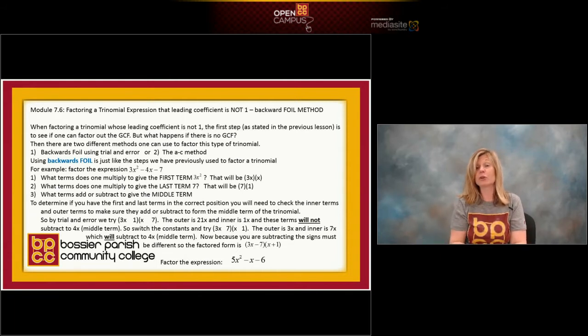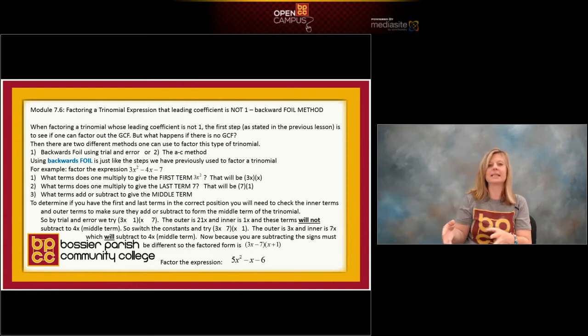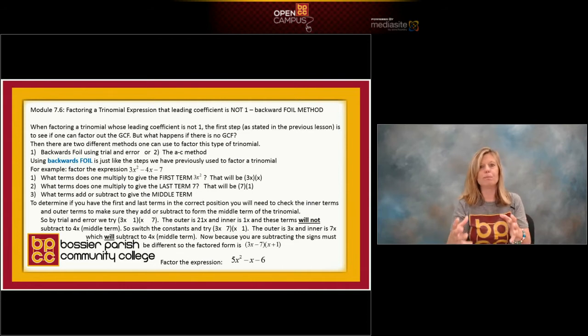If we cannot use the GCF rule to get that leading coefficient out, then we have 2 options on how to factor. There is something called backwards FOIL, trial and error, and there's a procedure called the AC method. I'm going to show you both ways, and then you're going to choose the way you prefer, and just practice that way over and over again.